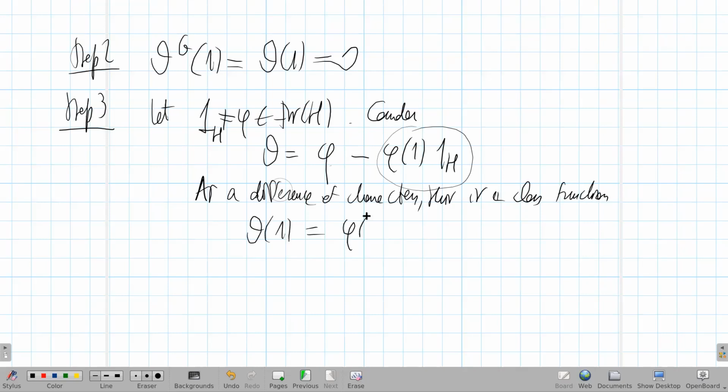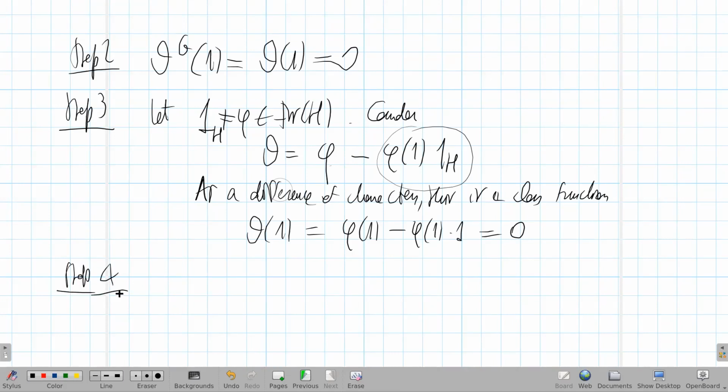This is phi of 1 minus phi of 1. This character has value 1 on all elements, so this times 1, and this is 0. So we are in a position to use step 1.